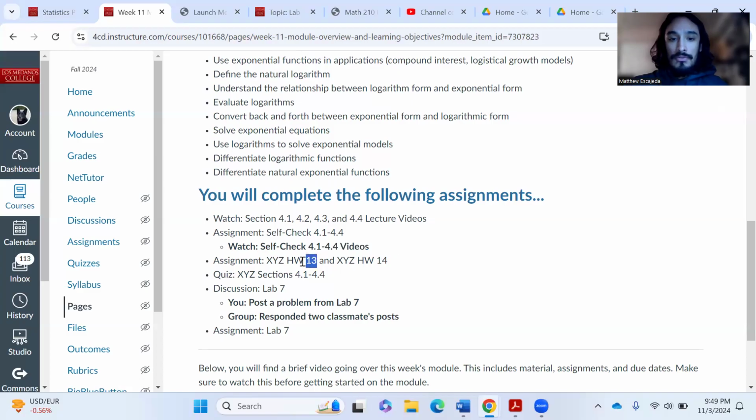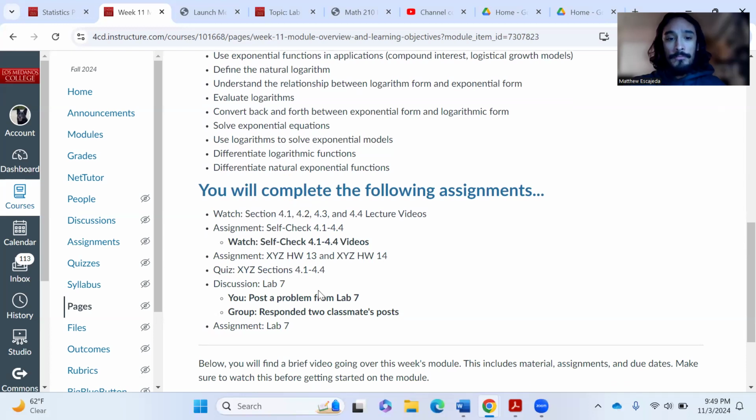One relates to 4.1, 4.2, the review aspect of exponentials and natural logs, and then homework 14, which is about calculus and their derivatives. So after that, there should be a quick XYZ quiz about all 4 of these sections. Just a couple questions, timed like what we did with section 3.4.